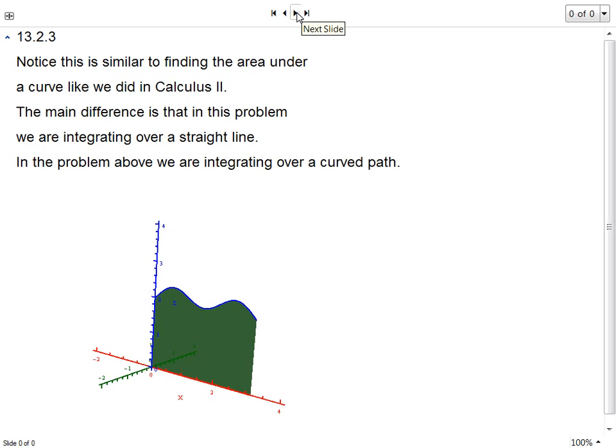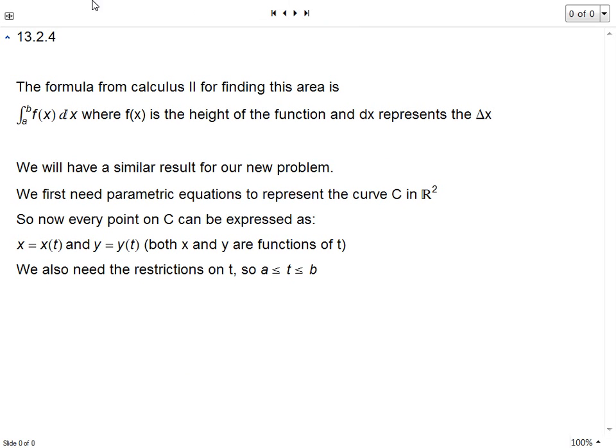So f of x dx was area. Integrate that adds them all up. Yes? Okay. The formula for Calculus 2, finding this area, that's what I'm saying here. dx was representing the width. We will have a similar result from our new problem. We first need parametric equations to represent the curve.